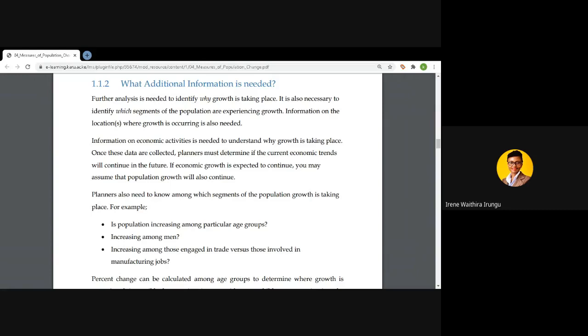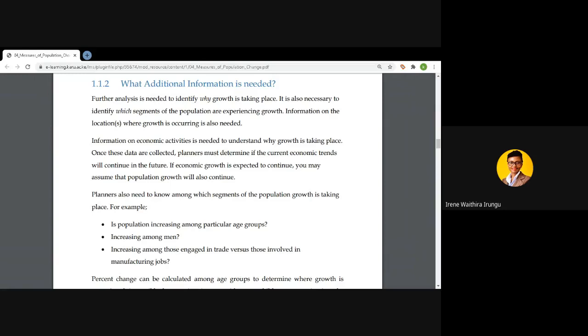So you'd expect, for instance, in Nairobi, that growth to be attributed to more people moving into the city to look for employment. Again, is that growth rate attributed to increasing men compared to women?